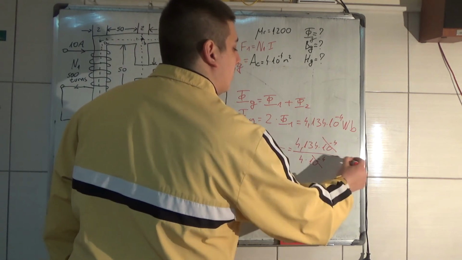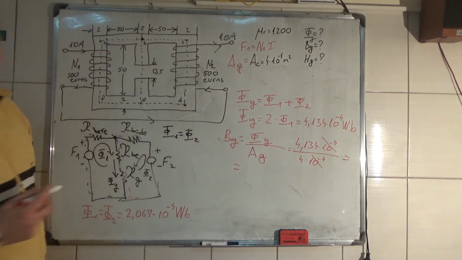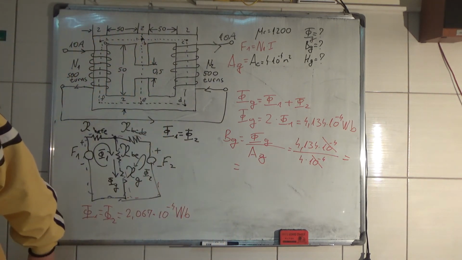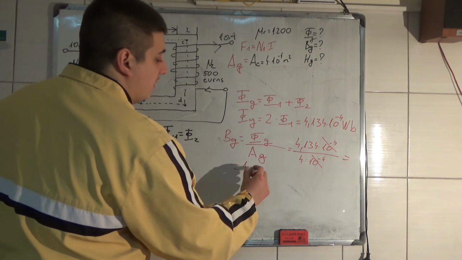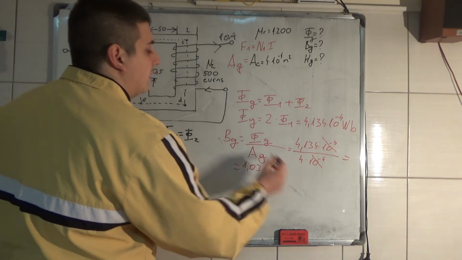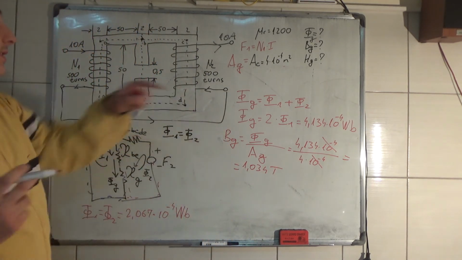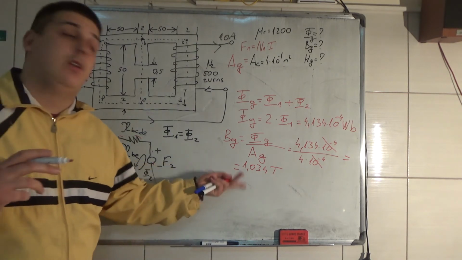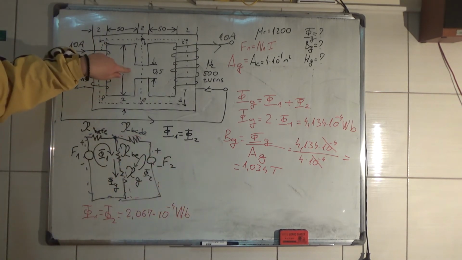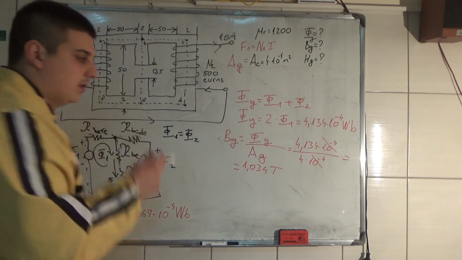This cancels out, and you get something about 1.034 Teslas. So the magnetic flux density, this is usually a high value, is equal to 1.034 Teslas.